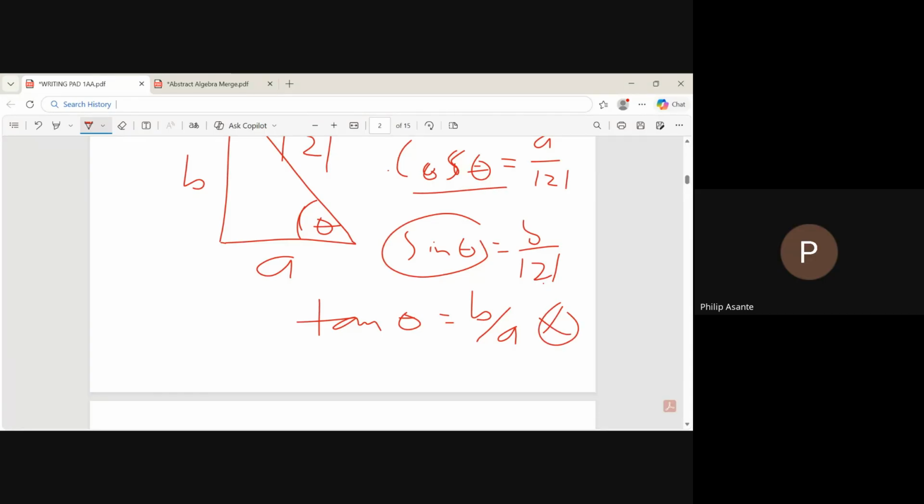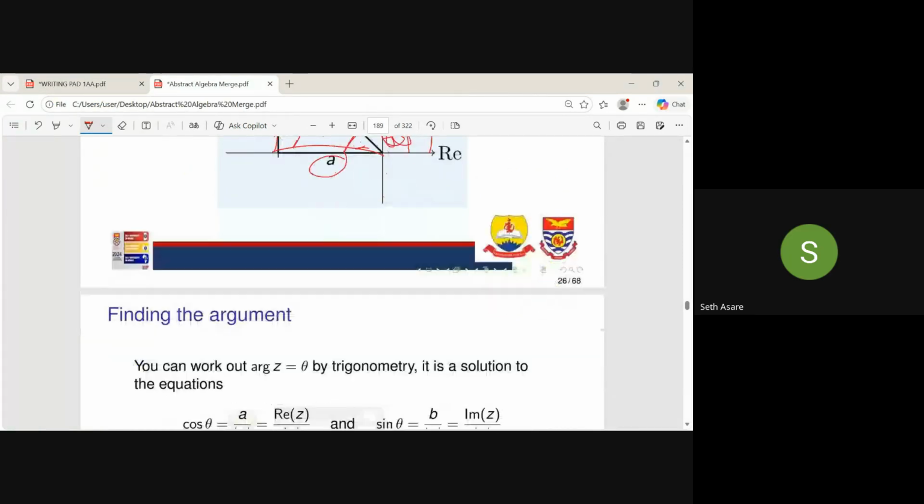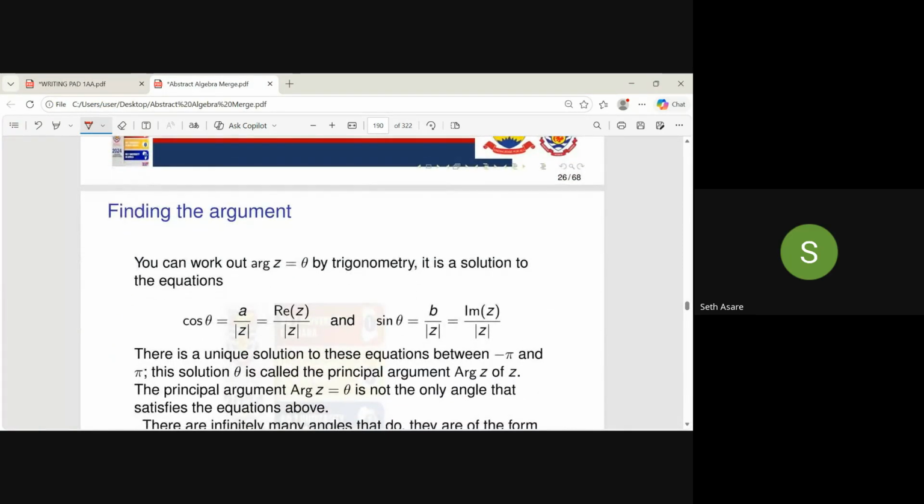So we are saying that finding the argument of the complex number, which is the angle, cos will be the real part over the modulus, and sine is the imaginary part over the modulus.